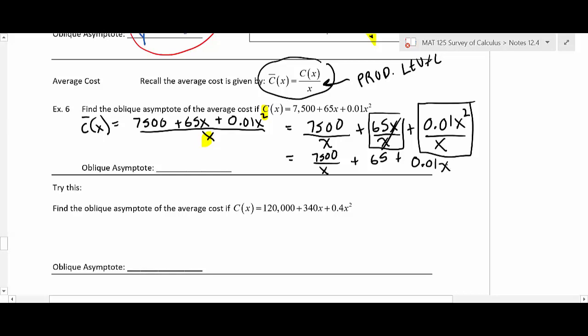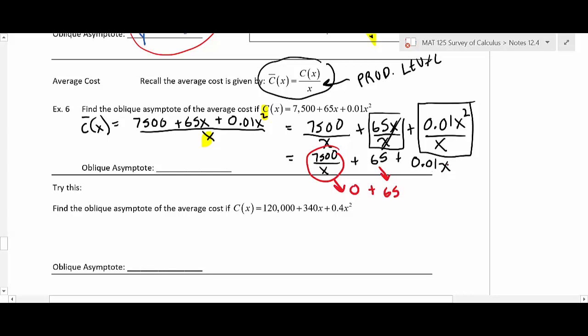Now, can you tell me what the oblique asymptote is in your head? 65 plus 0.01x. Remember, this one goes to 0. Everything else stays the same. The limit of a constant is a constant, so 65 stays 65.